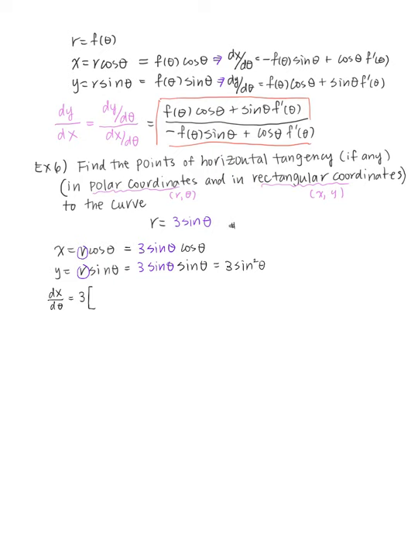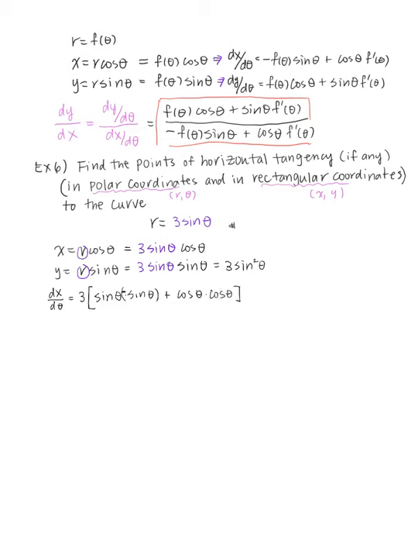Ready? Another product rule. So we're going to have sine of theta times the derivative of cosine, which is negative sine of theta, and then plus the cosine of theta times the derivative of sine, which is cosine of theta.